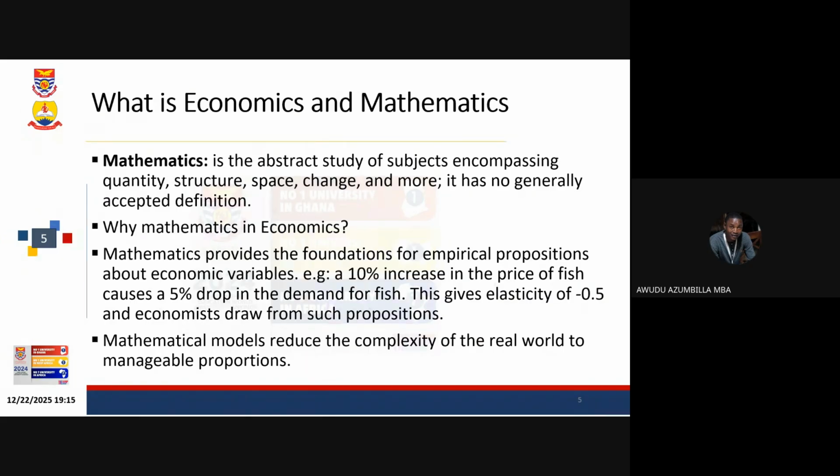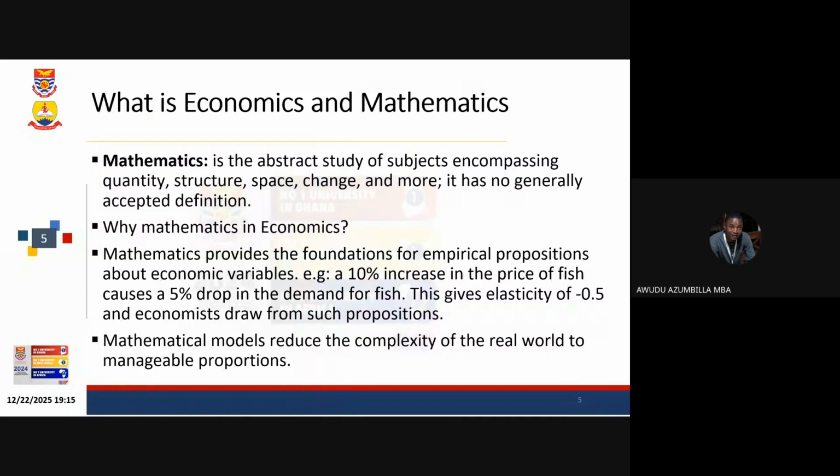So when we talk about mathematics, basically, it is an abstract that we study. And that is why sometimes when we say something is abstract, it is something complex that is very difficult for you to understand.